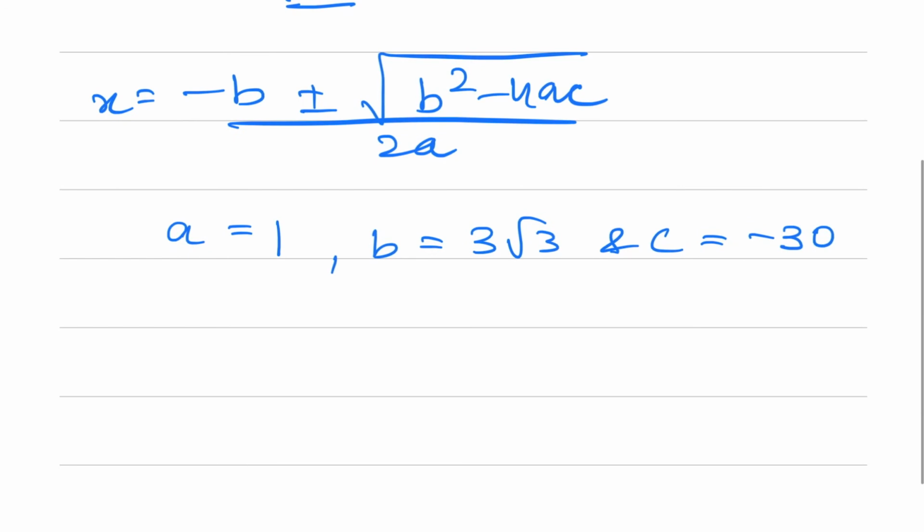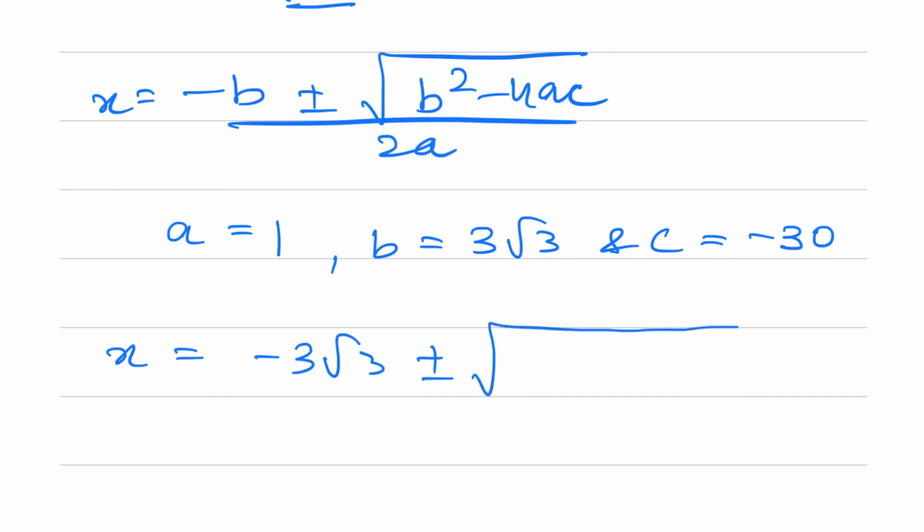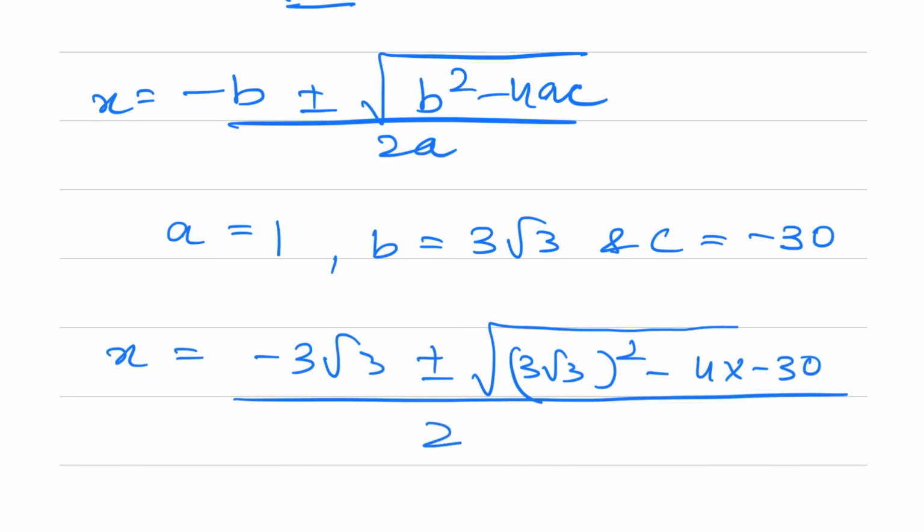So let's substitute here. X is equal to minus 3 root 3 plus minus, this will be 3 root 3 whole square minus 4 into minus 30 by 2.